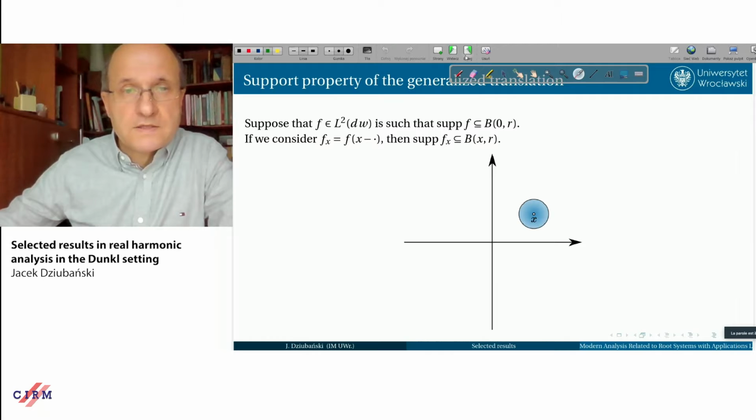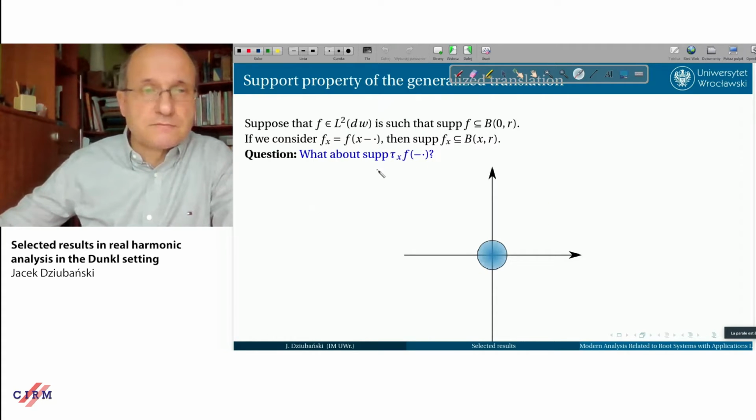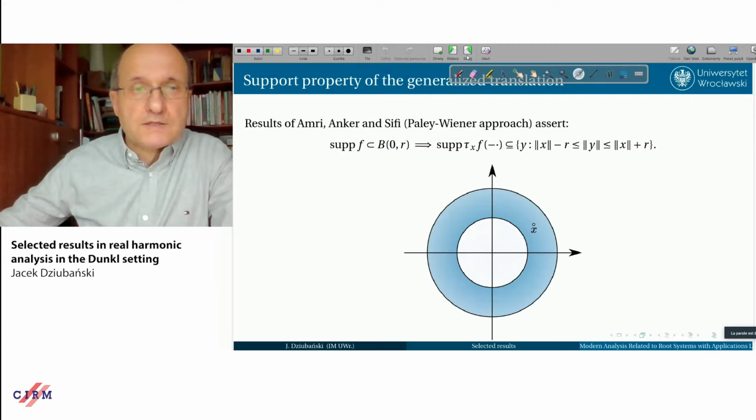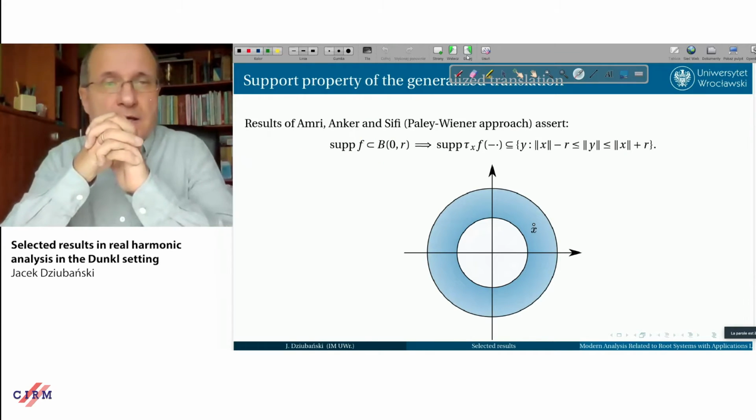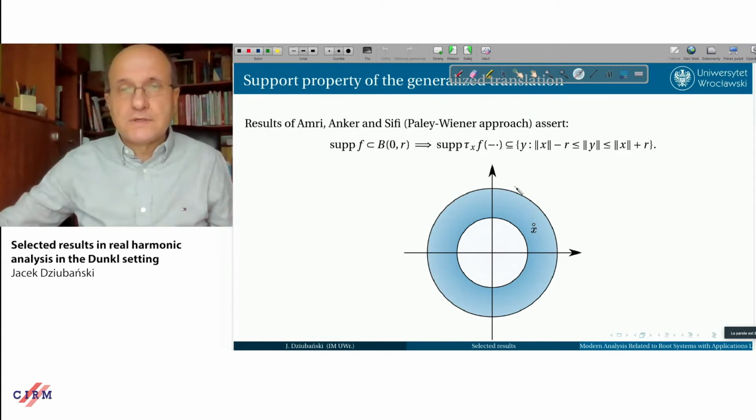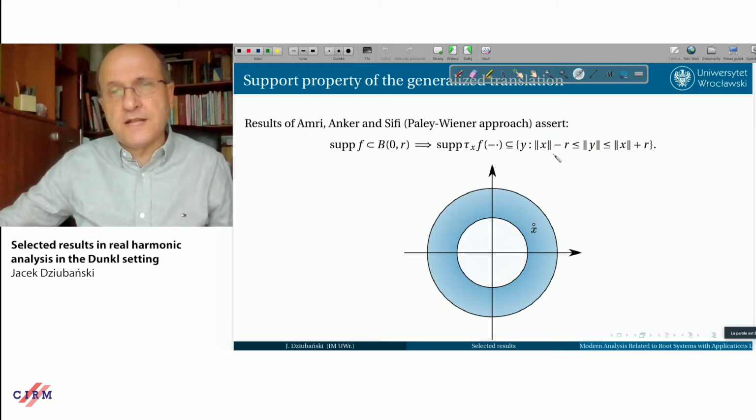Okay, so a natural question: what can be said about the support of generalized translation? There is a result of Amri, Anker, and Sifi that such support is contained in an annulus, where the inner radius is the length of x minus r, thinking that the length of x is larger than r, and the outer radius is the length of x plus r.